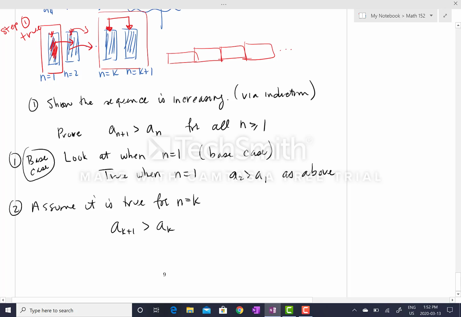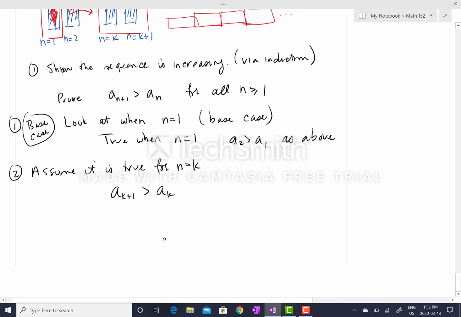And now, from this statement here, I want to show that a_(k+2) is greater than a_(k+1). Then that will cause all the dominoes to fall down, right?